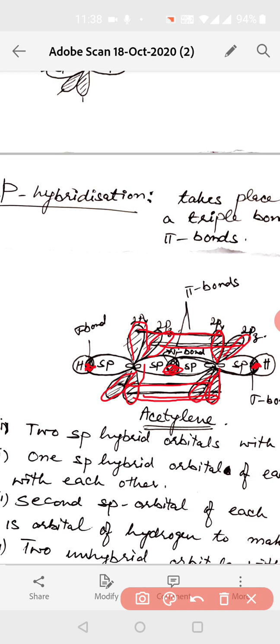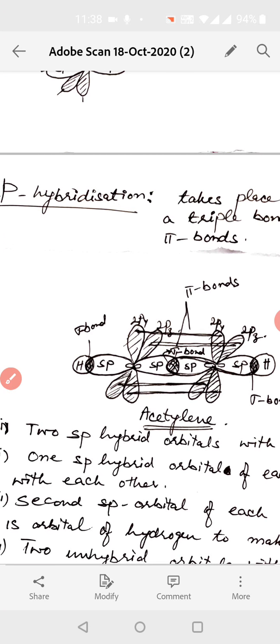So 2 lines, the upper lobe overlaps with the upper lobe of 2py and the lower lobe of 2py overlaps with the lobe of 2py of the second carbon. So between the carbons there is one sigma bond and 2 pi bonds.